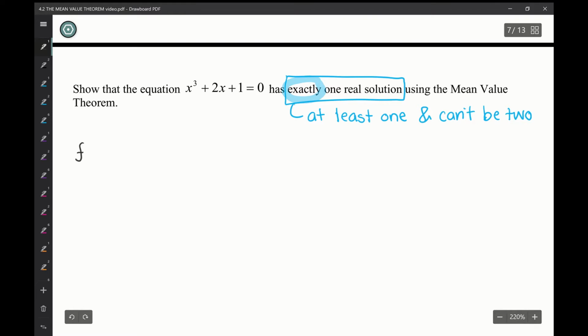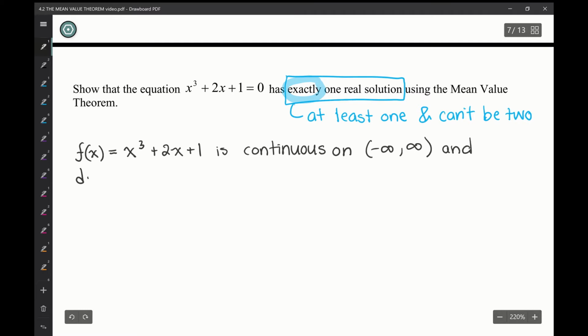So let's start by stating some of the conditions or hypotheses we already know are fulfilled. So first up, f of x equals x cubed plus 2x plus 1 is continuous on negative infinity to infinity and differentiable on negative infinity to infinity.